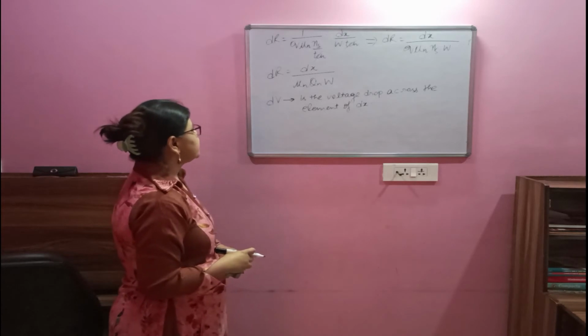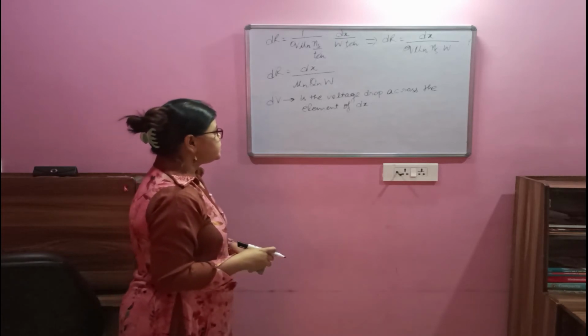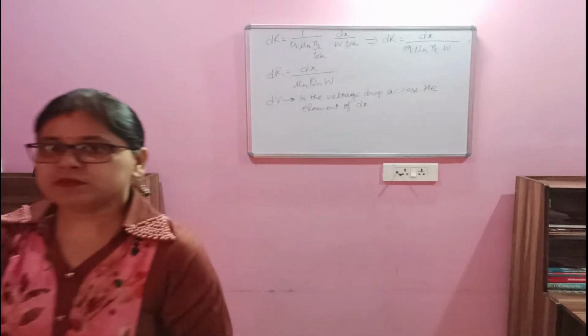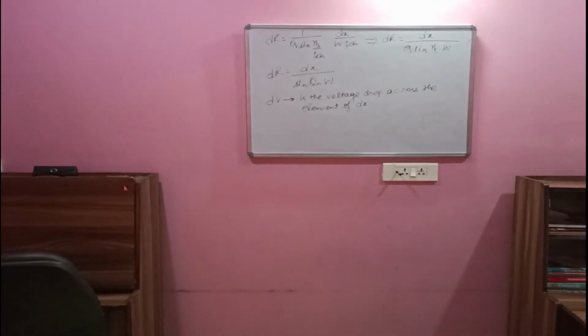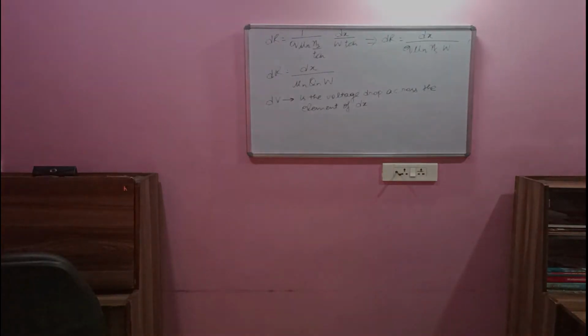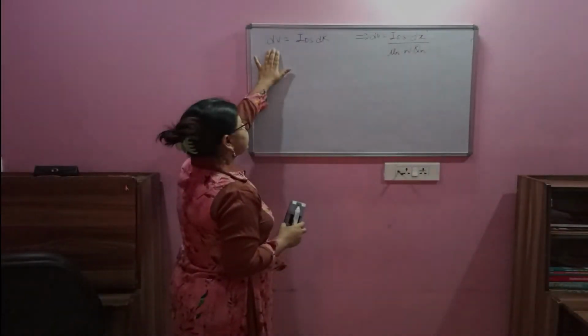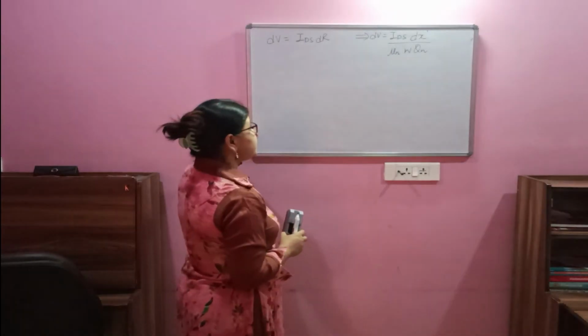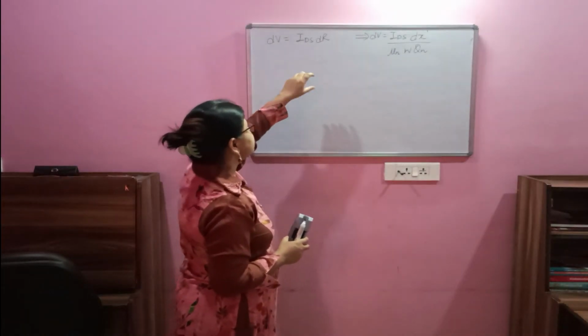So this is how we can define dV. This dV, which we have introduced as a new term, is the voltage drop across the element of dx, which we have taken as one segment from the channel itself.